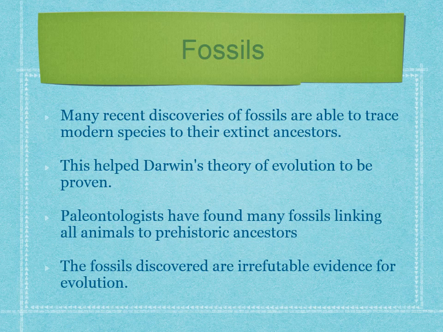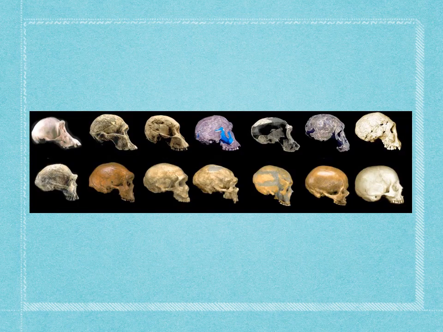One thing we're definitely going to look at in class is the fossil record, and we're definitely going to have to look at humans. Just to give you a preview, here are some skulls of some of your distant relatives. The very far right bottom is a current human skull, and as you go to the left, you get older and older.